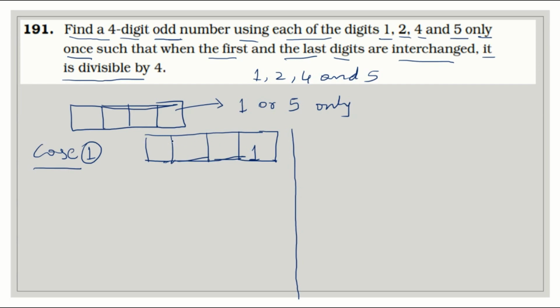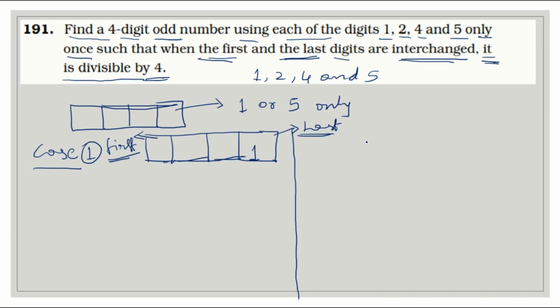When the last digit and first digit are interchanged, that means the thousands place digit and units place digit, when they are interchanged, the resultant number should be divisible by 4. This is one more condition.